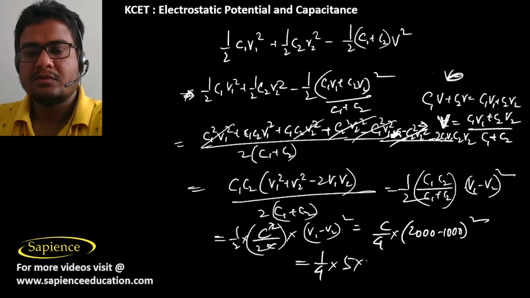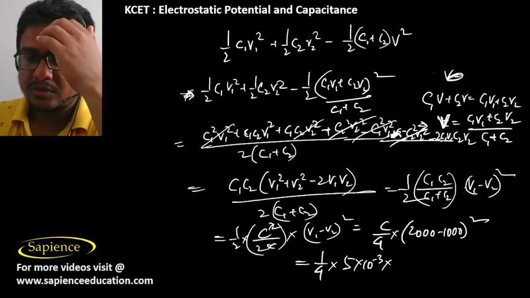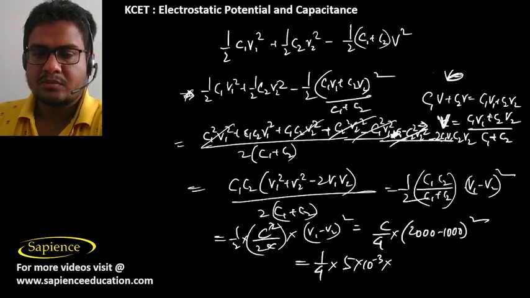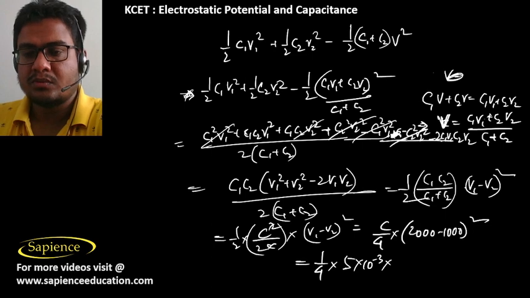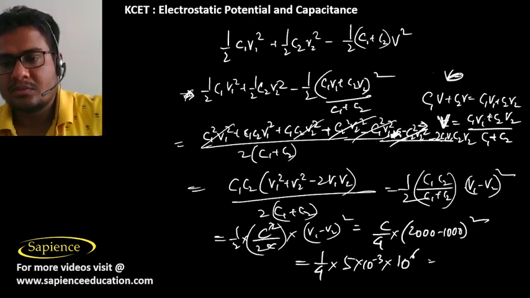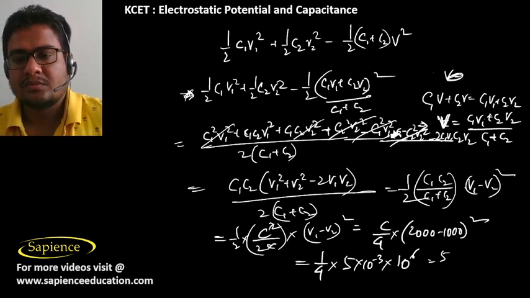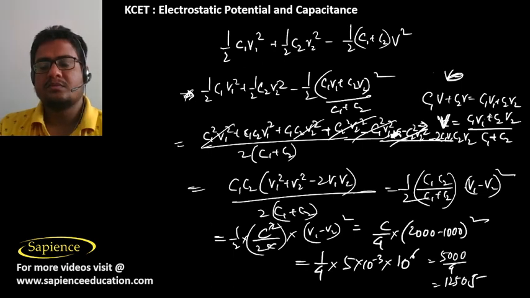So this is 5 into 10 power minus 3 into 10 power 3 whole square, 10 power 6. This will be equal to 5000 divided by 4, equal to 1250 joule.